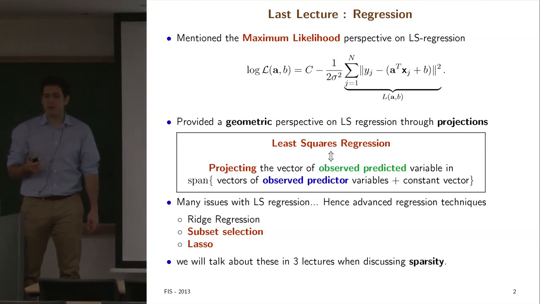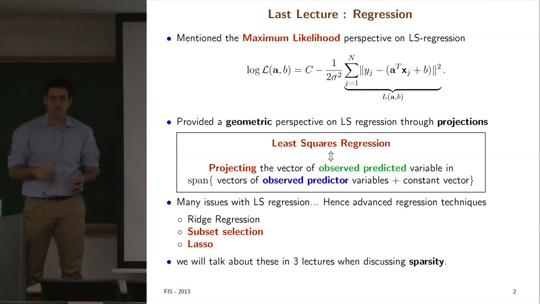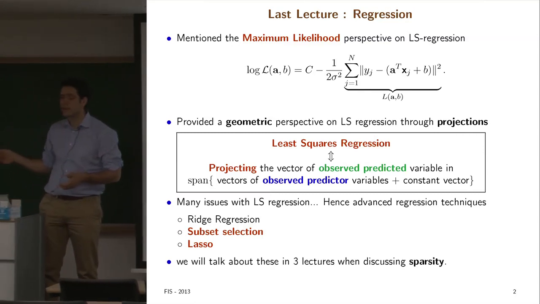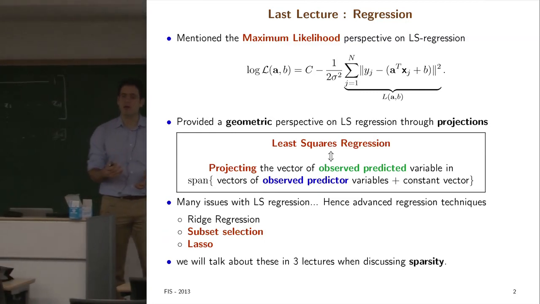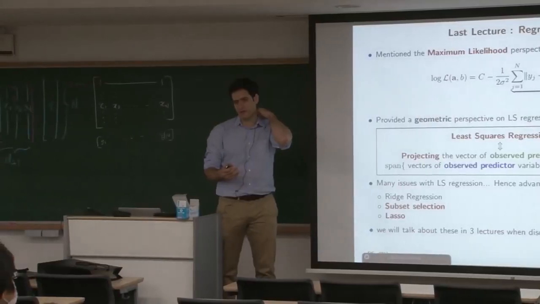We also discussed a few issues that may arise in regression. Probably one very important issue is that no matter what variable you add, even if it's complete noise, even if it's completely unrelated to y, you will improve the least squares criterion.